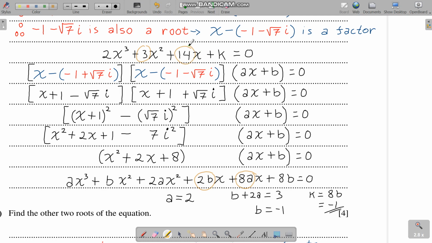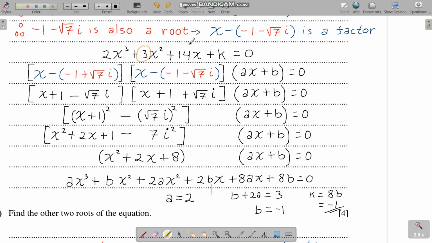In case we want to check, minus 1 times 2 is minus 2. So we plug in minus 1 and plug in 2. We get 16 minus 2, which is 14.